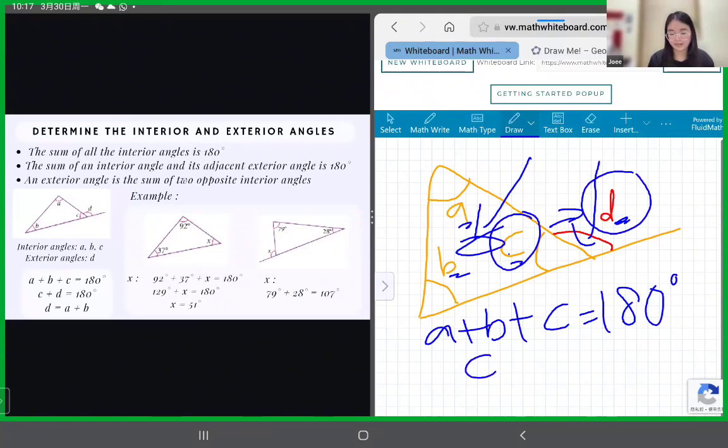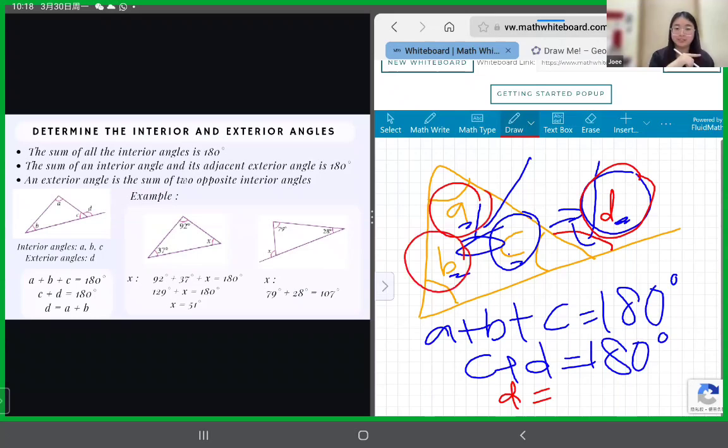C plus D gives 180. Third, an exterior angle is the sum of the 2 opposite interior angles. So the exterior angle D will be the total of the opposite angles, which are A and B. So D equals A plus B. Is it okay? Clear.